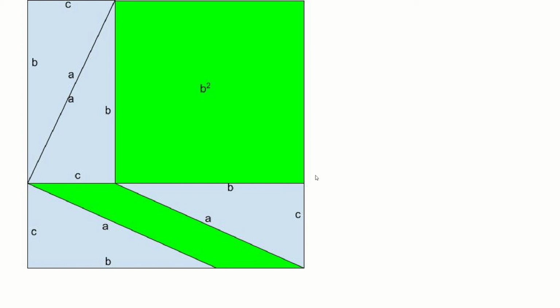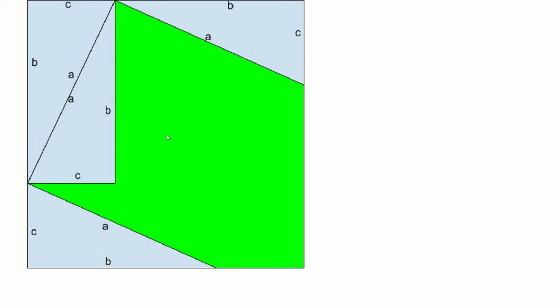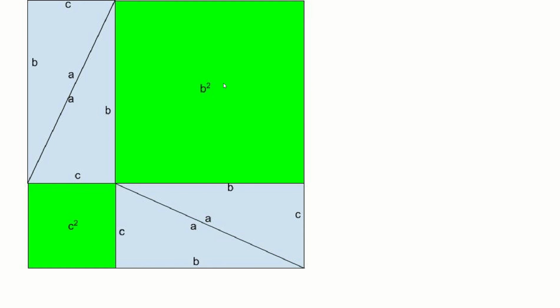This side is b, this side is b, and if I slide this triangle to the right this way, I have my c squared. So I have one square with the side c and another square with the side b, and I am using the same area for the a squared. So a squared is equal to b squared plus c squared.